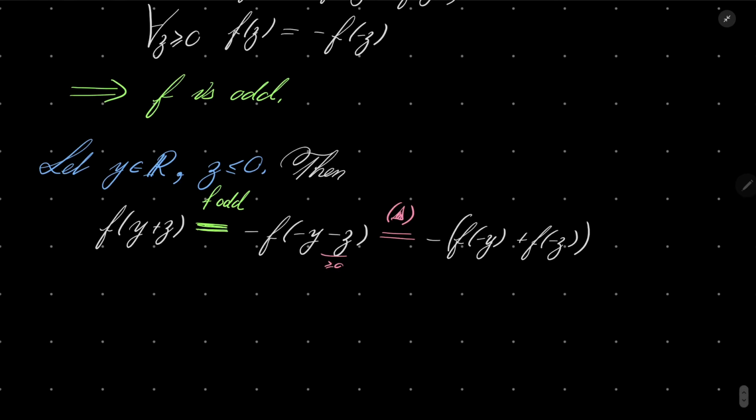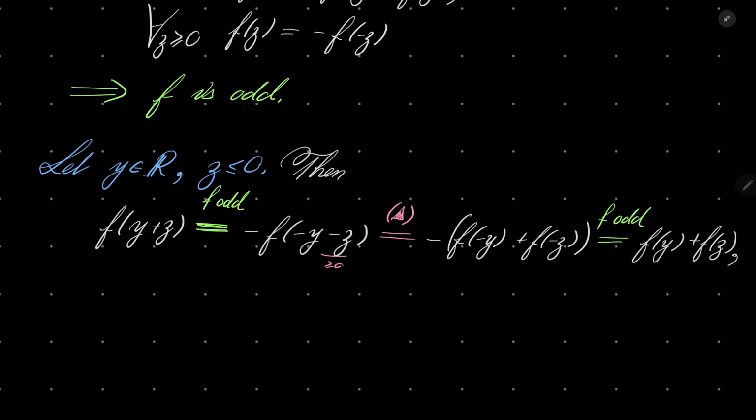And now, using again the fact that our function is odd, minus f of minus y is f of y, and minus f of minus z is f of z.